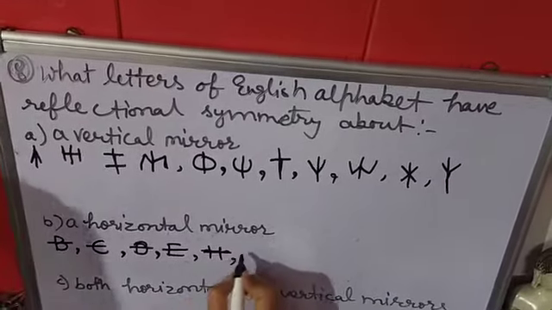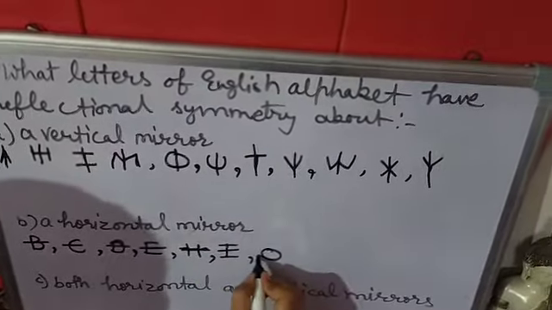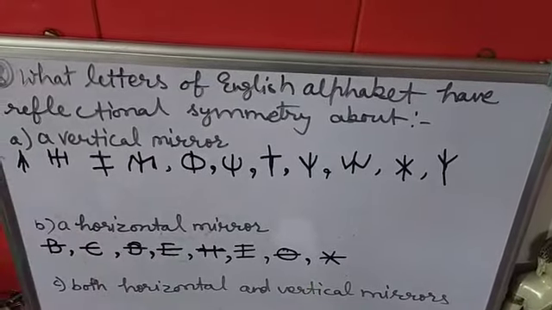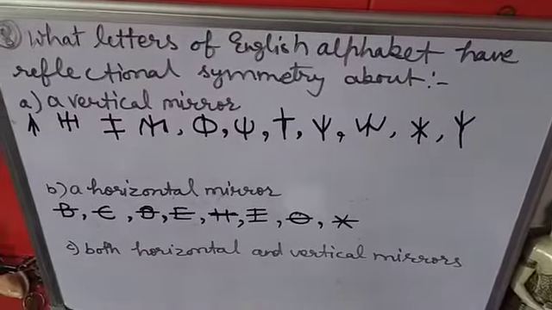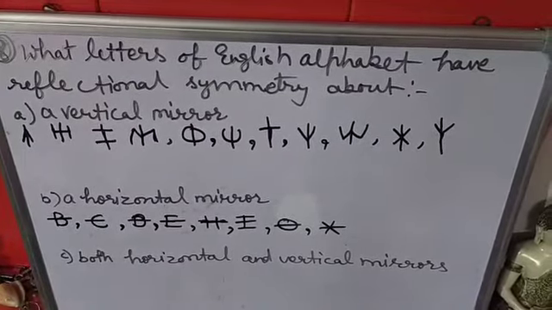I, O again and X. Okay. Now C part, both horizontal and vertical, in which there is horizontal and also vertical.